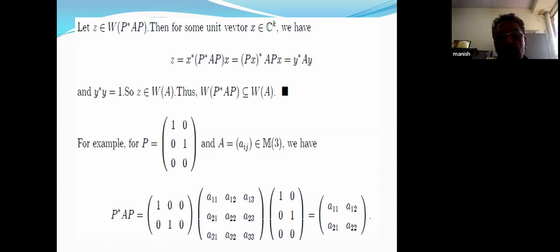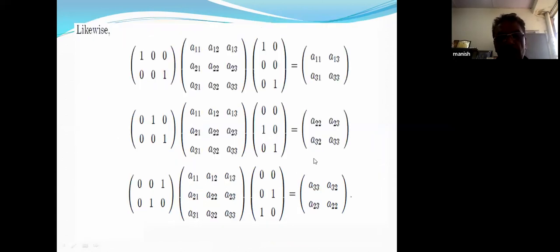So from this, we also see that the numerical range of this principal submatrix is contained in the numerical range of A. Similarly, for other isometries, we can consider this isometry. We have this expression as another principal submatrix. Similarly, we have other cases here.